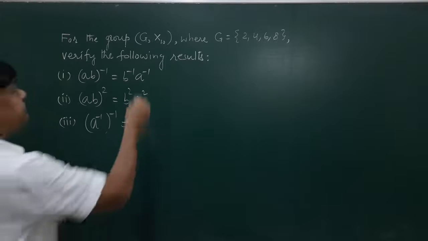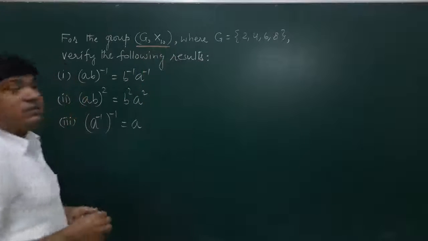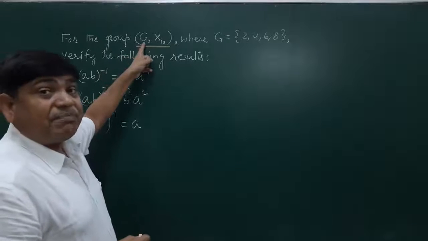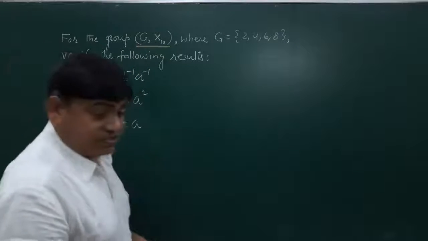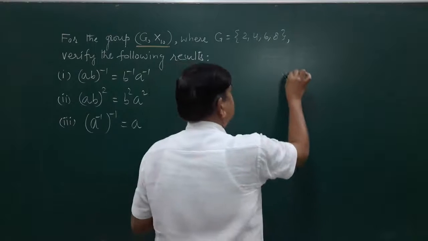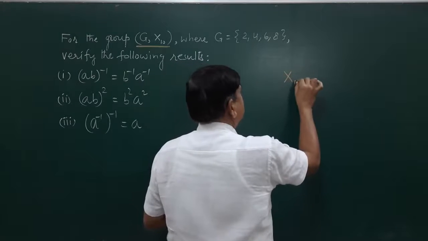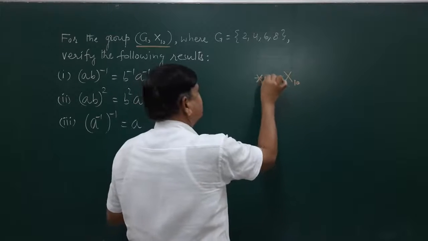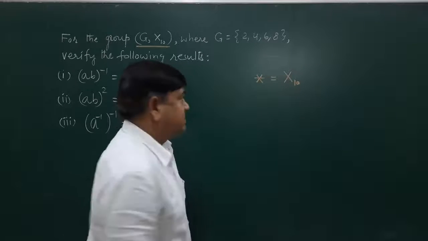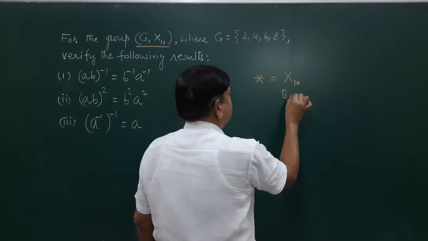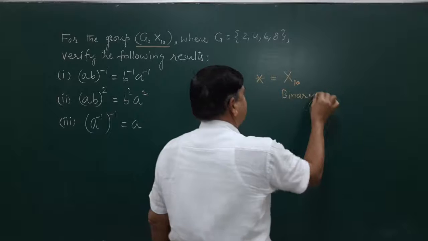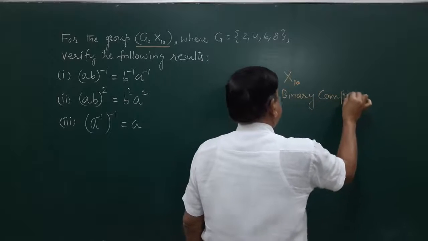For the group given, J is a non-empty set and this is the binary composition. Means star is this one, and this is the binary composition.